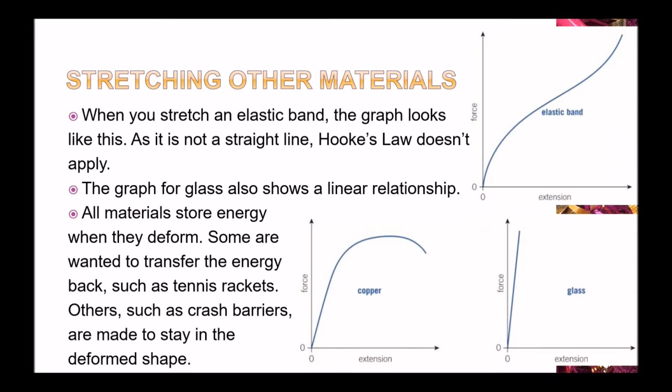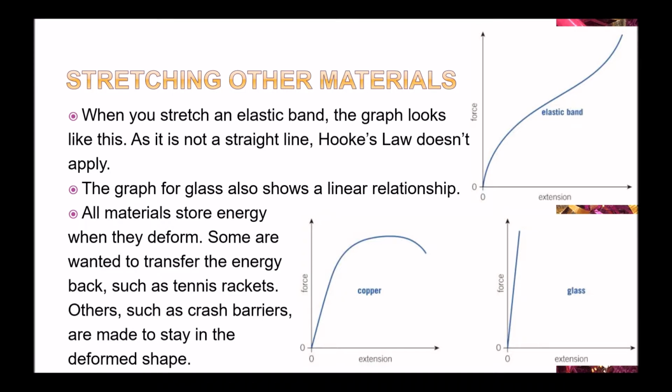So you can also obviously stretch other materials like elastic bands. However, they do not have a linear relationship, apart from glass actually, which does, but you have to put on a lot of force for a very small extension.